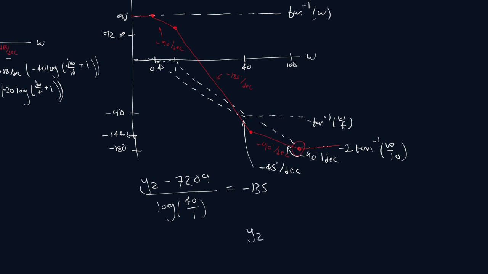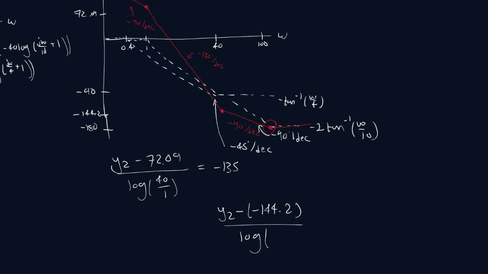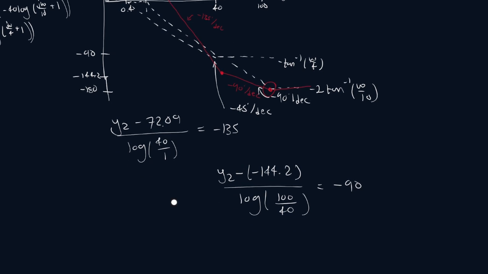So it's y2 minus y1, which was minus 144.2, all over log of 100 divided by 40 equals minus 90. Let me see what y2 is. And that says minus 180.